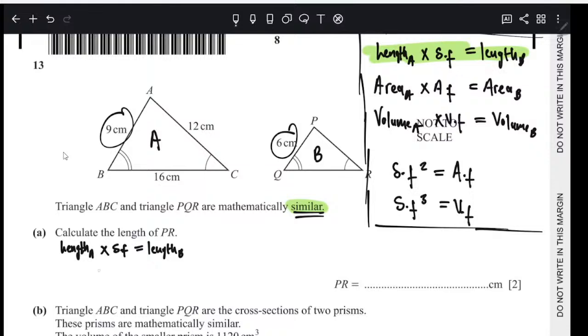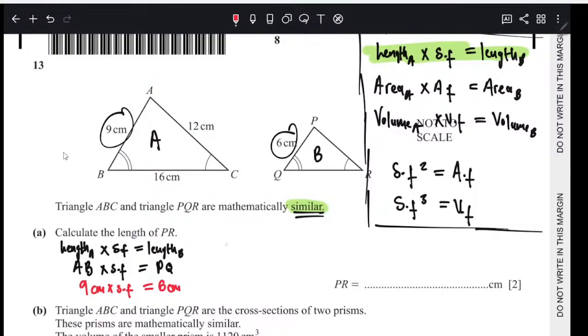What is the length of A? It's AB times the scale factor should give you, what is the length on B? PQ. So let's do it. What is AB? 9 centimeters times the scale factor should give you 6 centimeters.